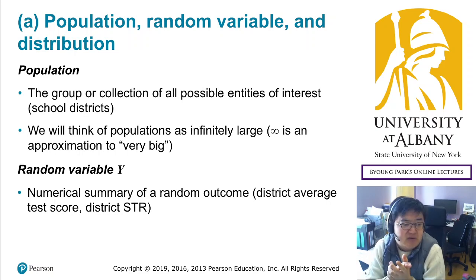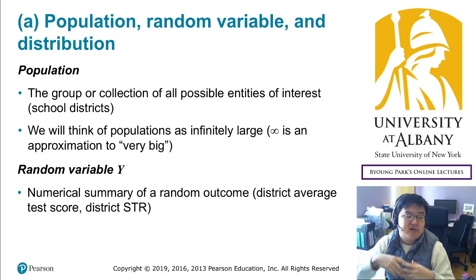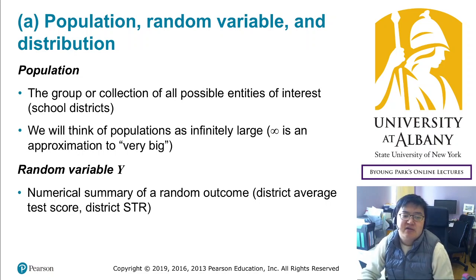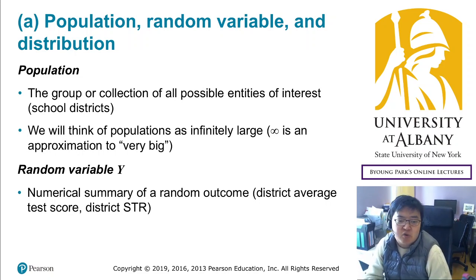Then a random variable is a numerical summary, a numerical description of the outcome. In our case, how do we describe students' educational outcome? There can be different measures, but we are going to use test score.